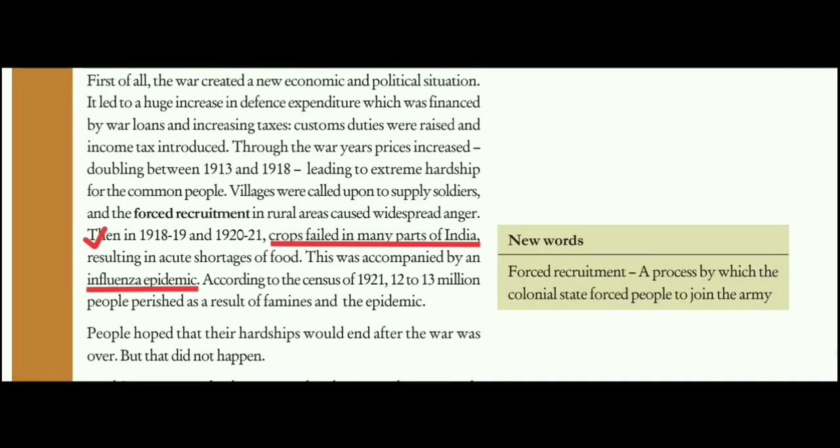Now, the third consequence or the third effect of the war. Then in 1918 to 19, and then in 1920 to 21, crops failed in many parts of India. Now the Britishers who were ruling us were hardly paying any attention to what was happening in the country, because अभी उनका सारा फोकस जो था वो शिफ्ट हो गया था वॉर को जीतने पे.